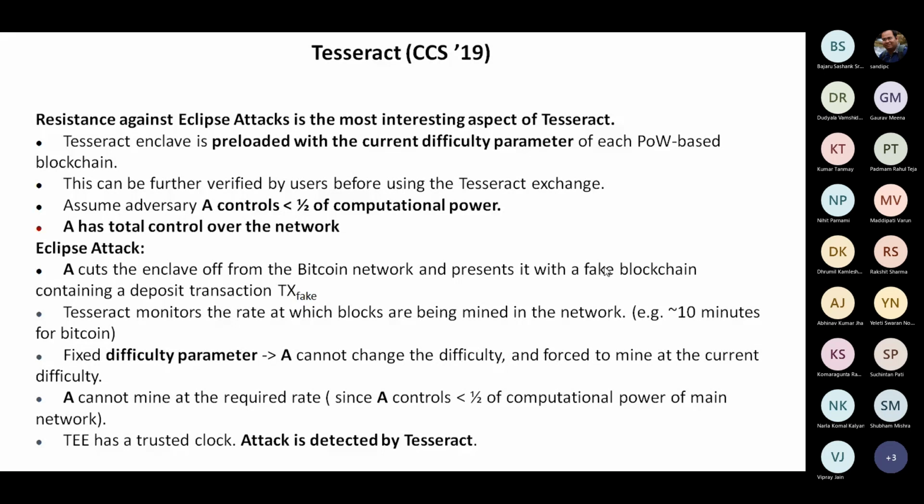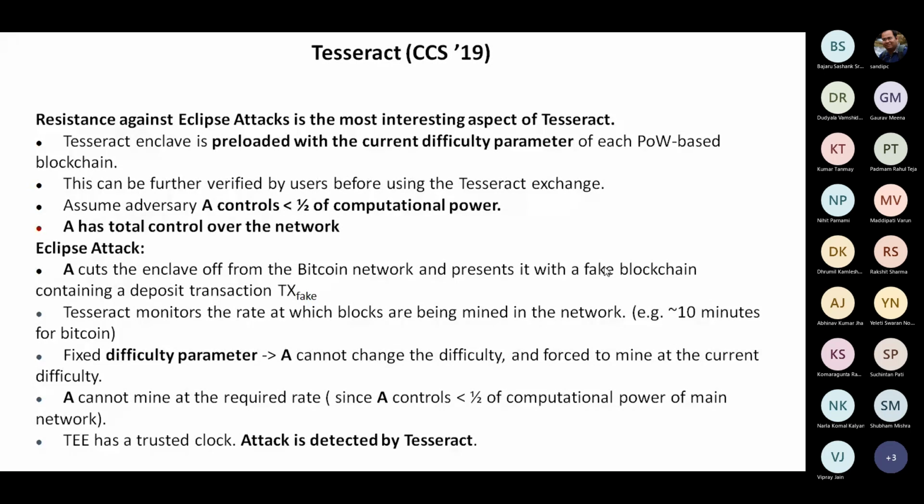When we talked about this attack, we said the attacker possibly has 40% computing power, and is able to separate out the victim with 30% and the rest of the network with 30% computing power, and so on. We had a figure with that.